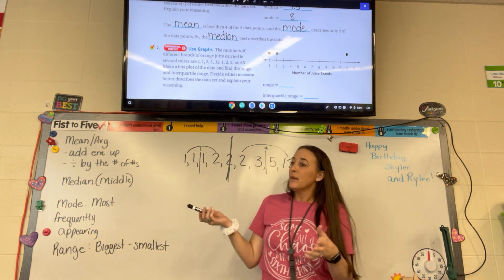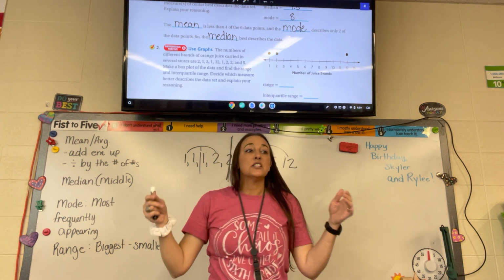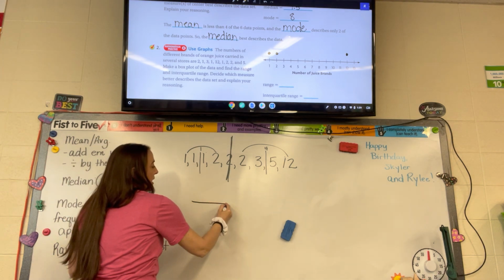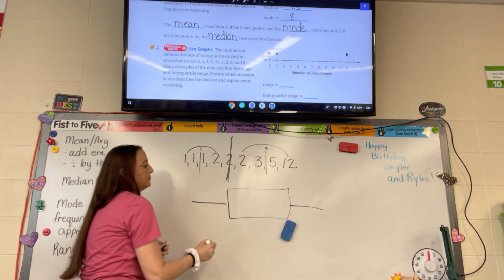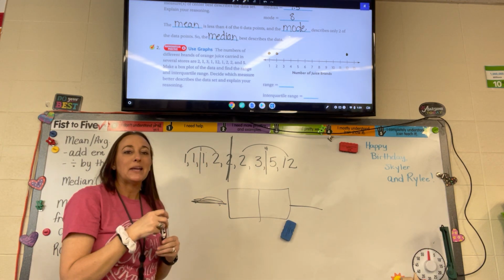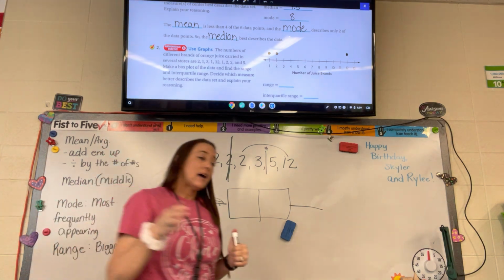Uh-oh, we've already got a point at 1. So that means, you know how box plots normally start with a line that goes here and then a line here and then the box in the middle? We're not going to have that beginning line on this one because our box starts at the same place as our minimum value.